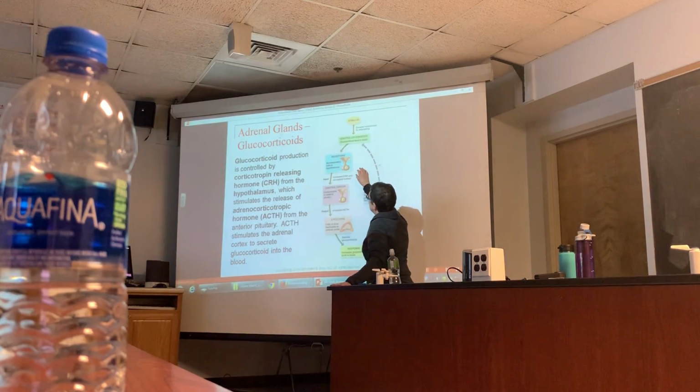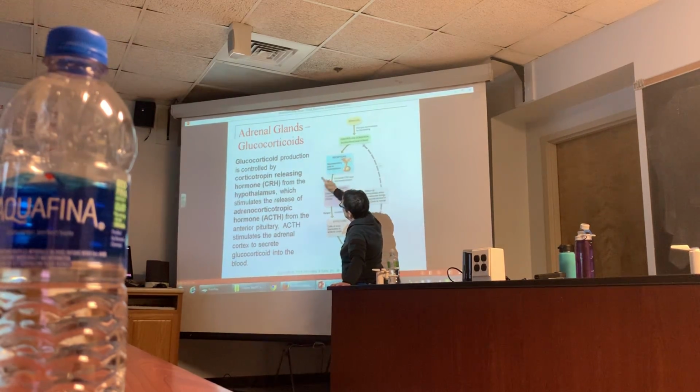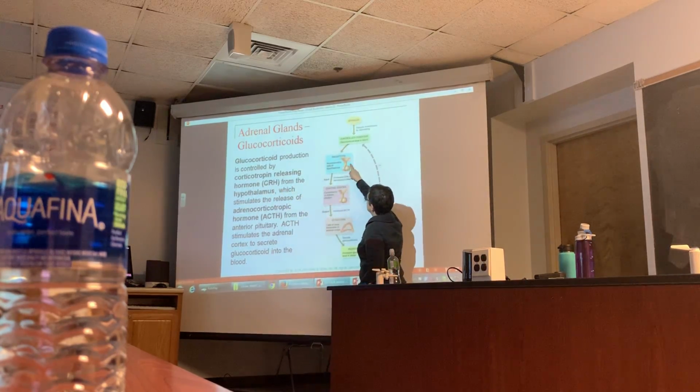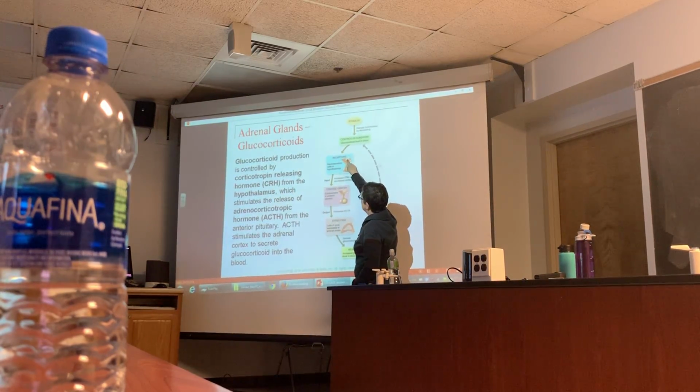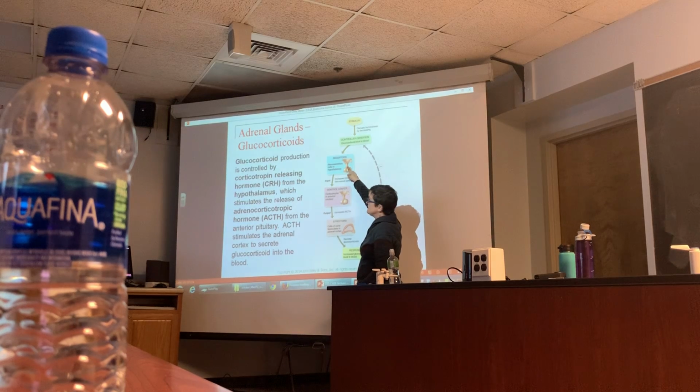So the neurosecretory cells in the hypothalamus are going to produce a hormone called corticotropin releasing hormone, which is CRH. CRH travels from the hypothalamus down through the hypophyseal portal vein system, just like we talked about in that quiz.